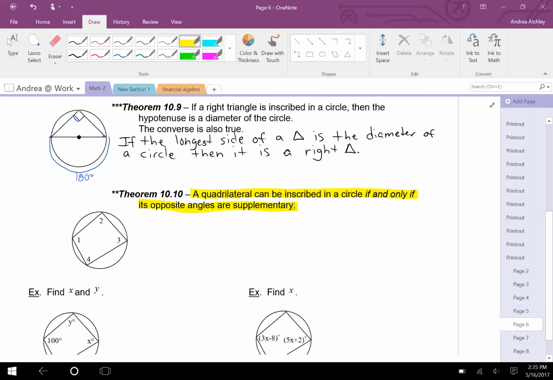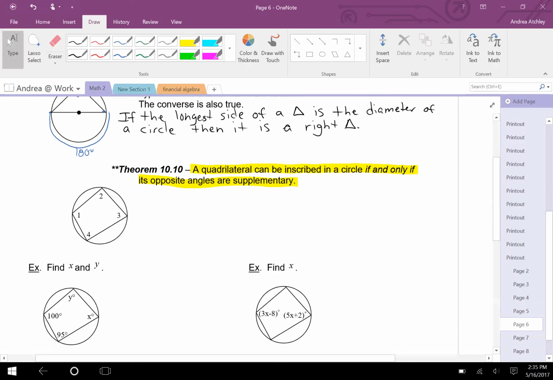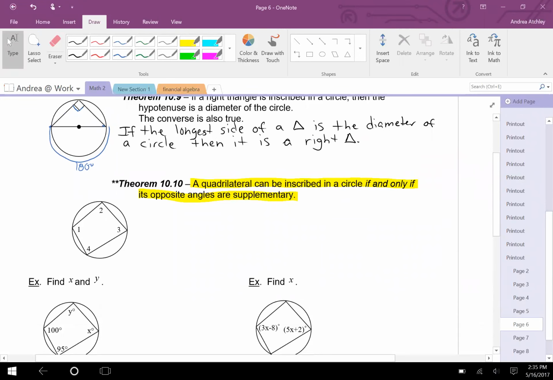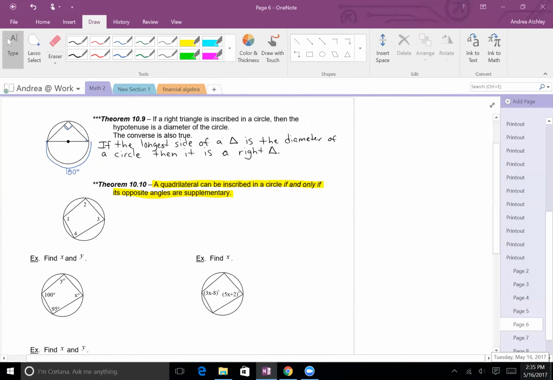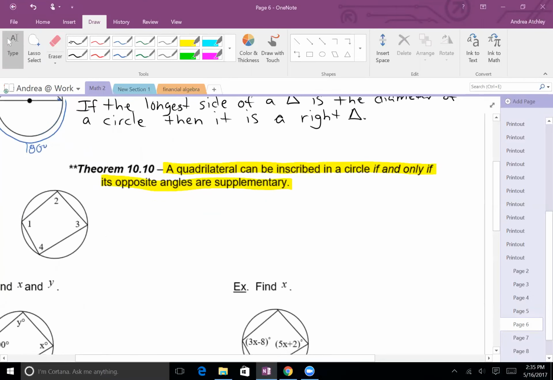That would mean the measure of angle 1 plus the measure of angle 3 would have to equal 180.